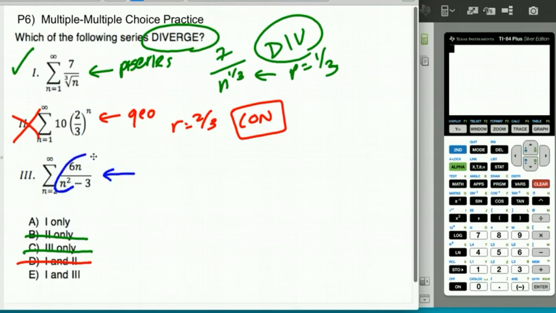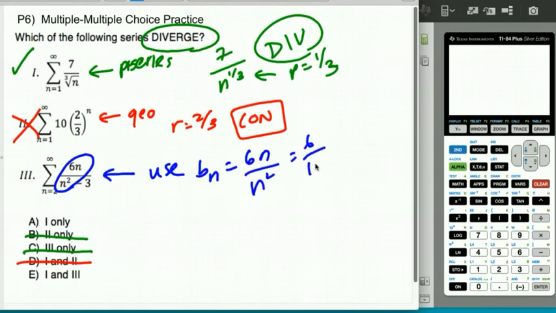So I'm going to use my b sub n as 6n over n squared, or just 6 over n. I know that diverges, so this piece diverges. Then if I want to compare 6n over n squared minus 3 to 6n over n squared, unfortunately, with a smaller denominator you get a bigger fraction.